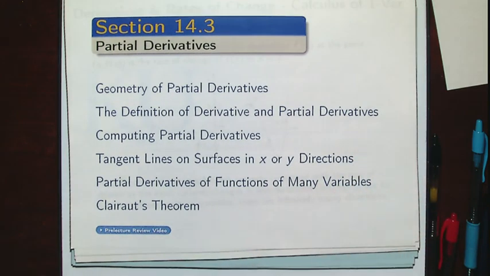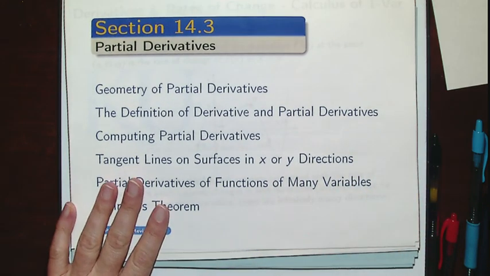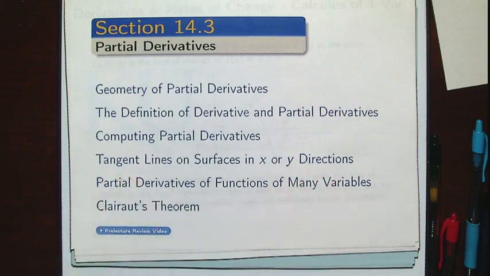We are going to talk about partial derivatives. Some of you have seen them either in your engineering courses or in physics or chemistry courses. I'm going to reteach that again, but also something that you definitely haven't seen is the geometric meaning of the partial derivative.